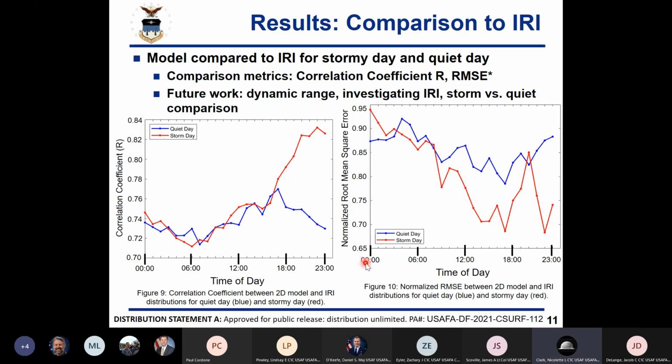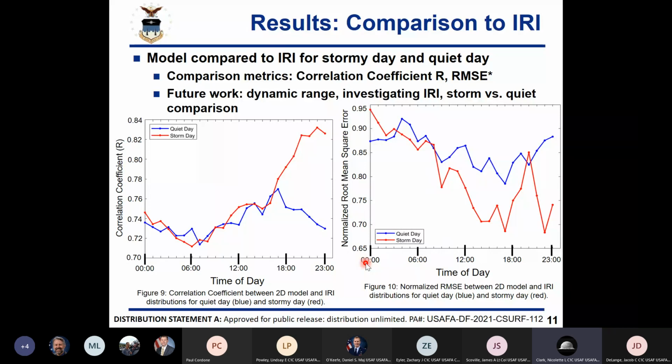Lastly, we did a quantitative comparison to IRI. So what we did is, over the period of stormiest geomagnetic activity and then the period of quietest geomagnetic activity, we created at hourly intervals pairs of IRI and model predictions.